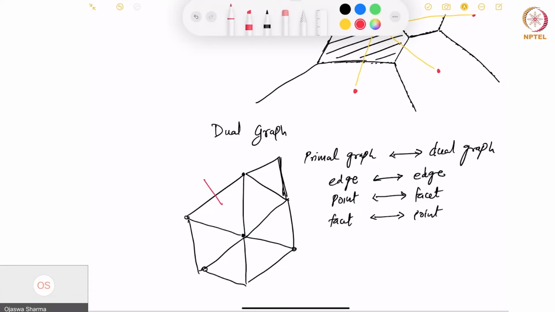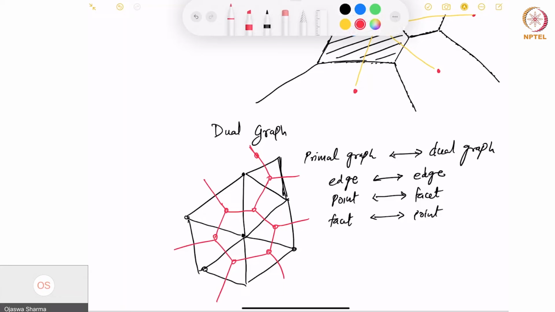So every edge becomes a dual edge. I'm drawing all the edges here. Sorry, this goes to infinity. And you will quickly see how the Voronoi is related to this. See, I very quickly could draw the Voronoi diagram here because I had the Delaunay triangulation.